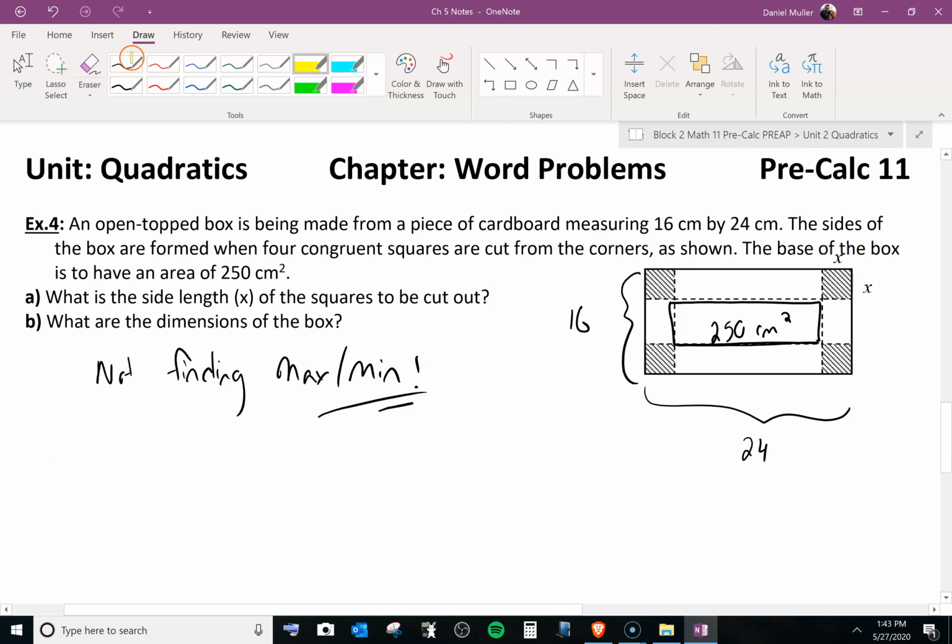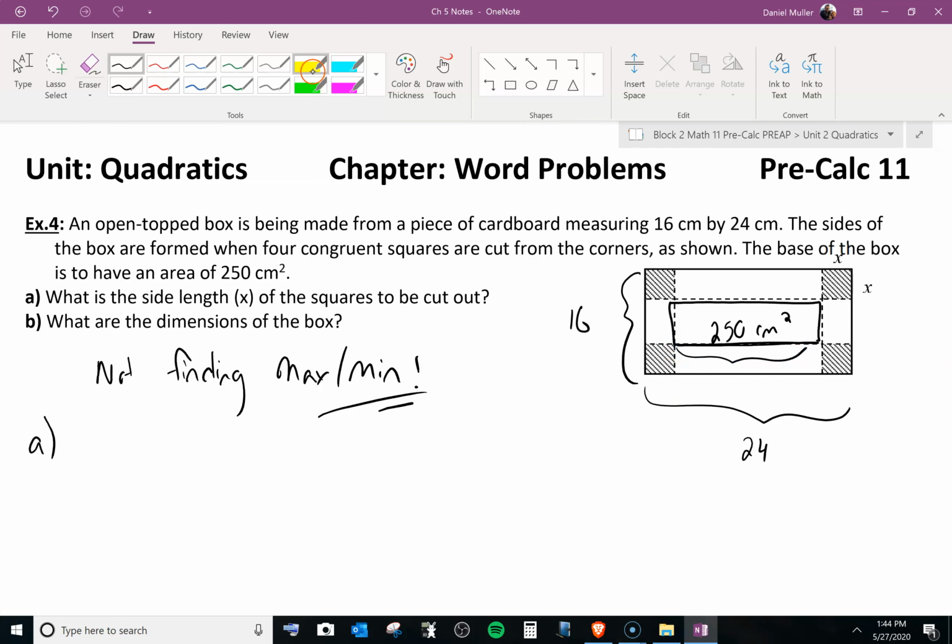Now, what we need to do here is find out what x is. We do know the area of the inside here is 250. But what we don't know is the side length of that.